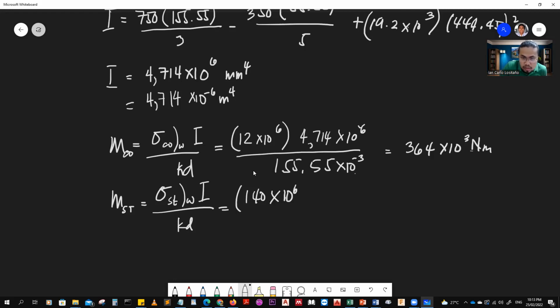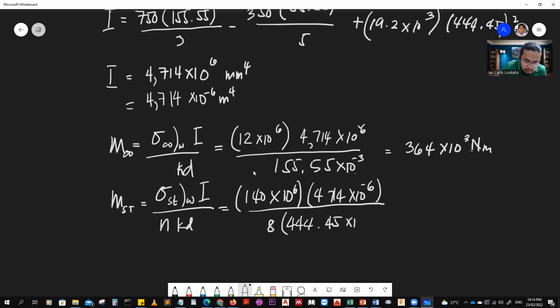So times 10 to the sixth, and you have to multiply that with the same 4714 times 10 to the negative sixth meters to the fourth, and you have your n. Sorry, it should be 1 over n. Don't forget the n, you have to multiply that as well. So 8, that's an unitless quantity, over 444.45 times 10 to the negative 3. This would yield a value of 185.6 times 10 to the 3 Newton meter.